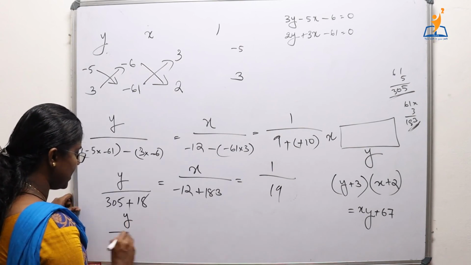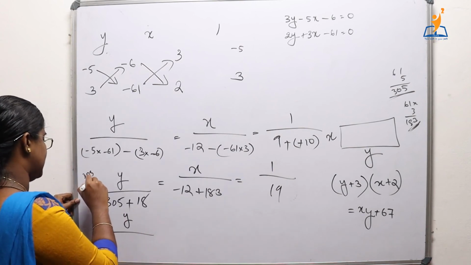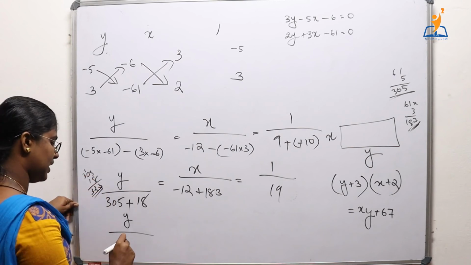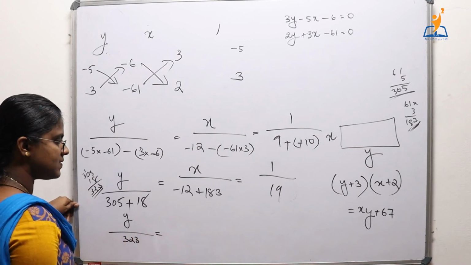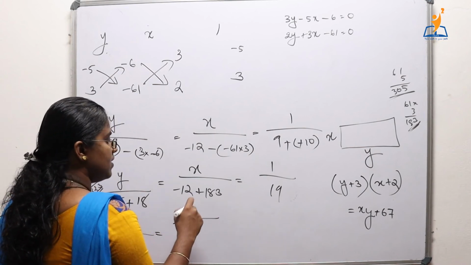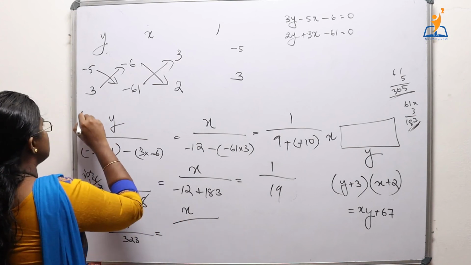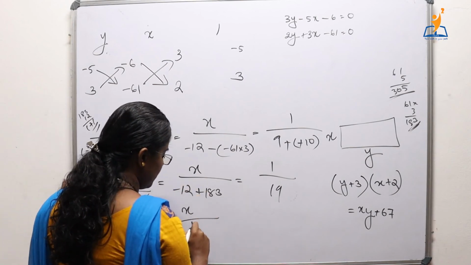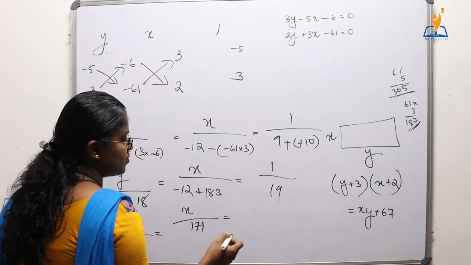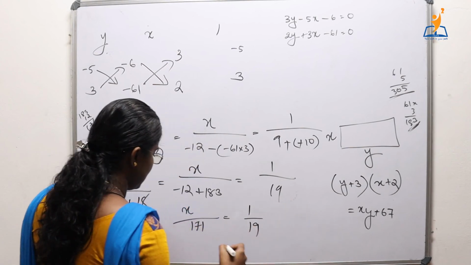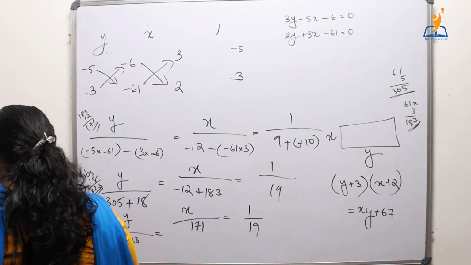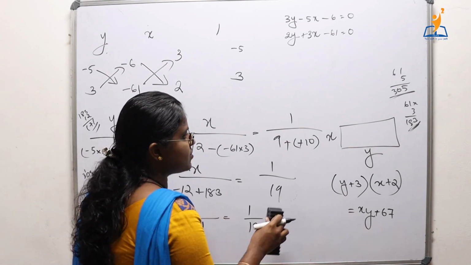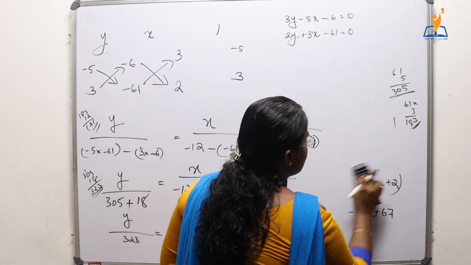So y by 305 plus 18, that is 323. y by 323 is equal to x by minus 12 plus 183, which means 183 minus 12, which is 171, which is equal to 1 by 19. So we have y by 323 is equal to x by 171 is equal to 1 by 19.